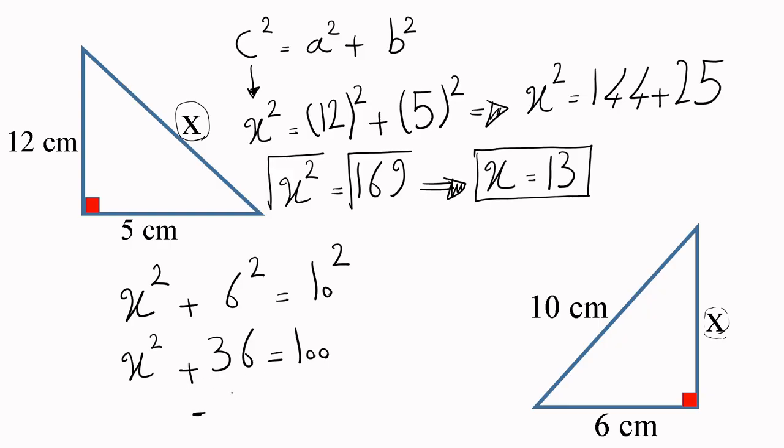I'm going to subtract this side by 36, and every operation that I do with one side, I must do exactly the same with the second side, so minus 36, right?